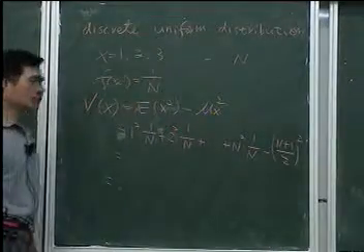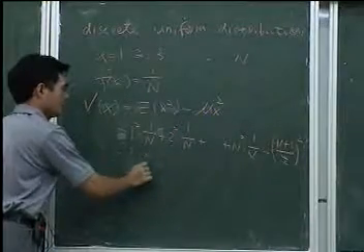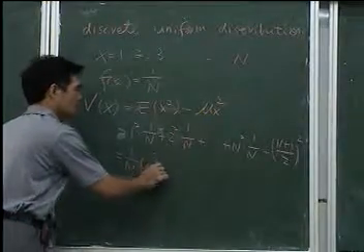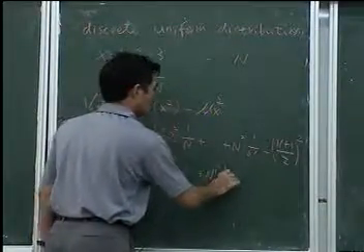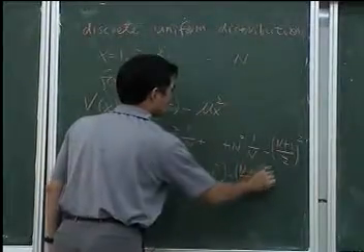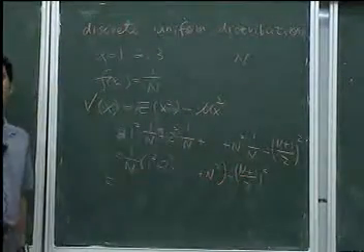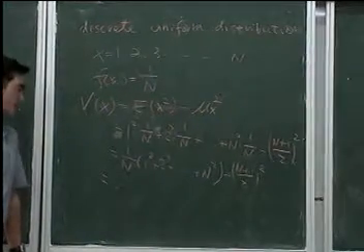So you have 1 over n, and then inside 1 squared plus 2 squared plus up to n squared, and minus n plus 1 squared. Any questions so far?